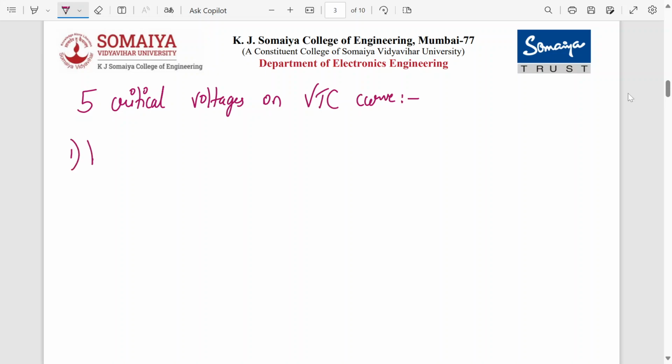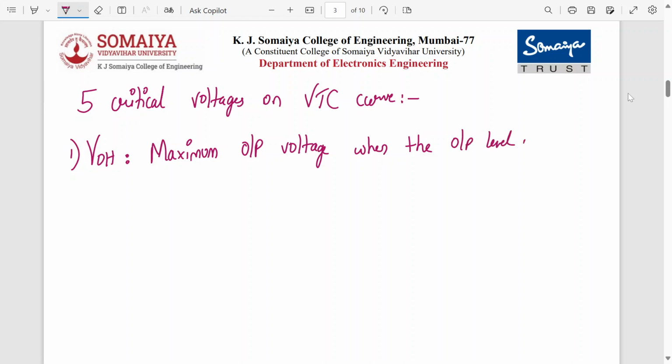So first is VOH. How do we define this? It is the maximum output voltage when the output level is logic 1. The maximum output voltage when the output level is logic 1.